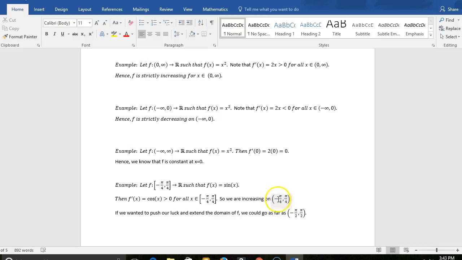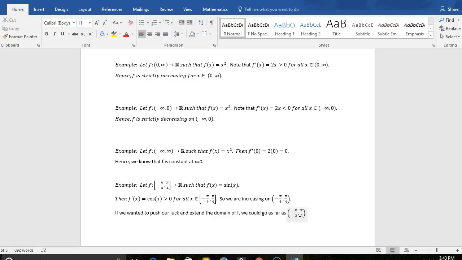Because remember, guys, I don't want to say that we're increasing on the entire closed interval because that's bad manners. It's just not a good thing to do. Just talk about increasing on an open interval, okay? If we wanted to push our luck and extend the domain of f, we could extend it to this entire open interval right here. But again, can we say that we're increasing at these endpoints themselves?